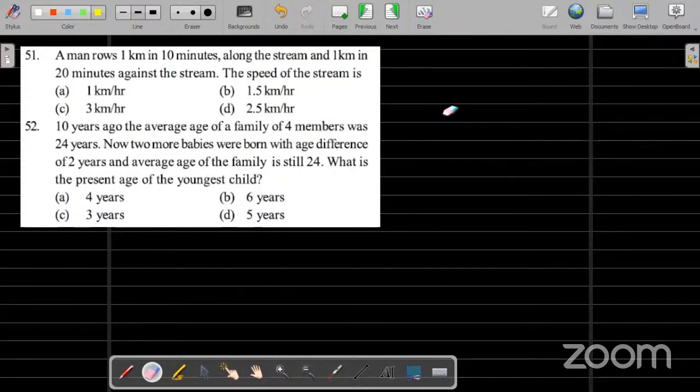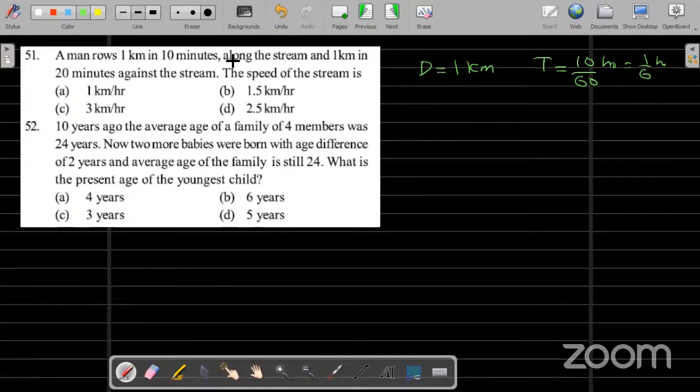A man runs 1 kilometer in 10 minutes. So the distance is 1 kilometer and the time is 10 minutes. Since the distance is in kilometers, time should be converted to hours. Minutes can be converted to hours by dividing by 60. 10 by 60 hours, that is 1 by 6 hours.